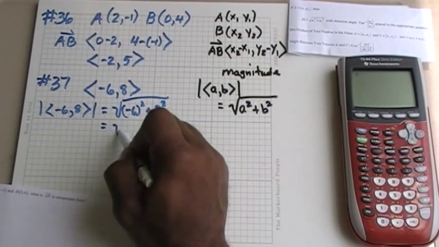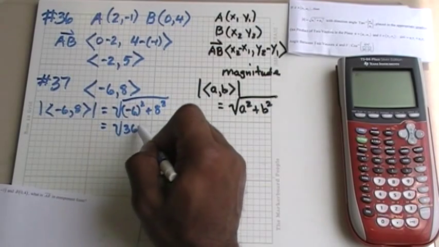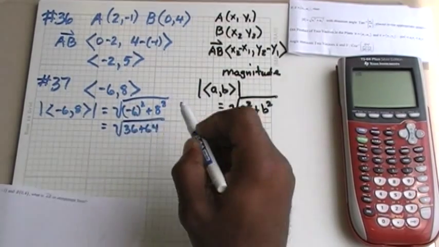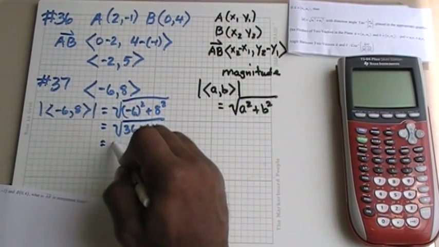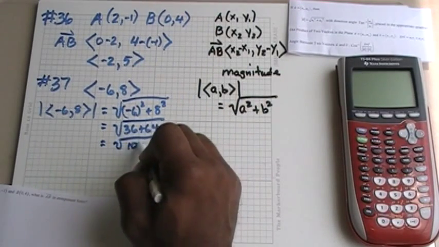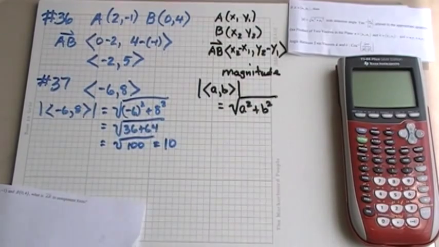That is the square root of 36 plus 64, and that's going to give us the square root of 100, which is 10.